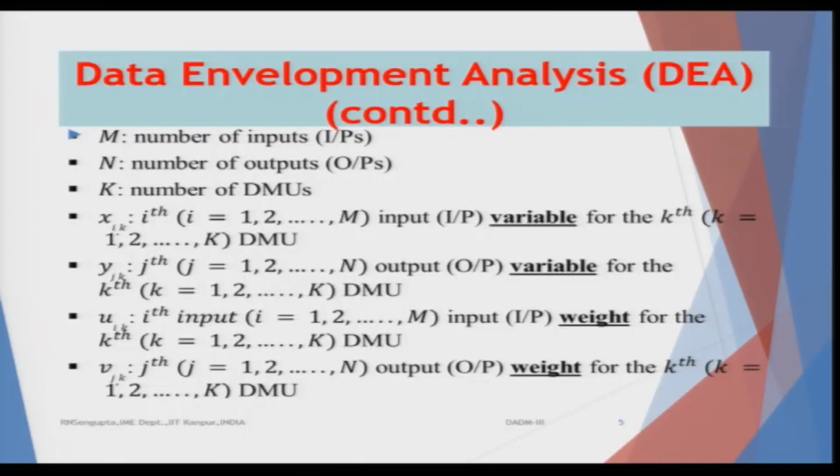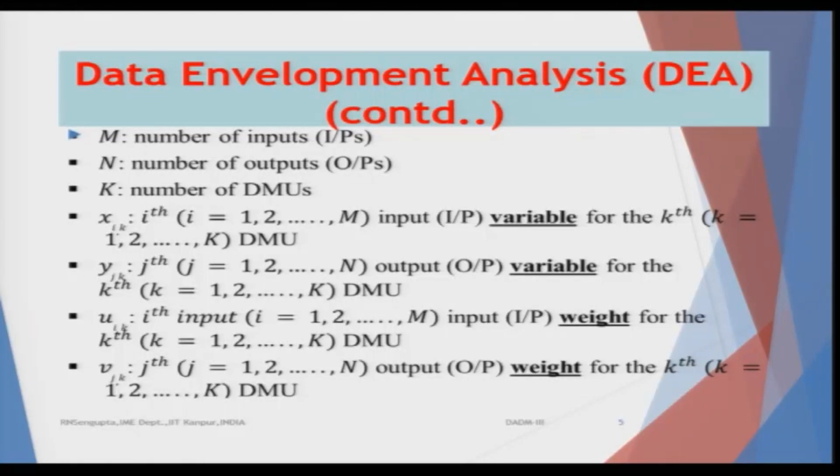We will consider the number of inputs. Distinct inputs are M in number, M as in Mangalore or Mumbai. N would be the number of outputs, N as in Nose or Nagpur. K would be the number of DMUs, and X would be given by x suffix ik, where i is equal to 1 to m. I am sorry, not the DMU, it is the input concept.